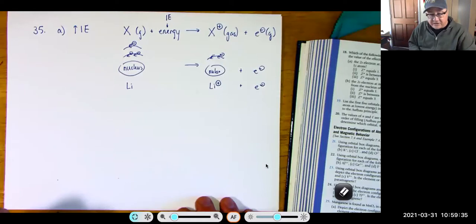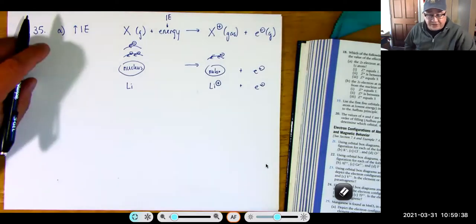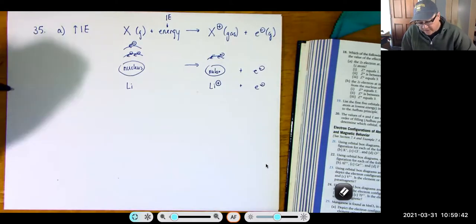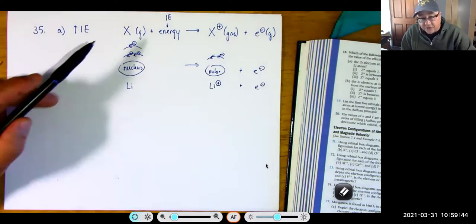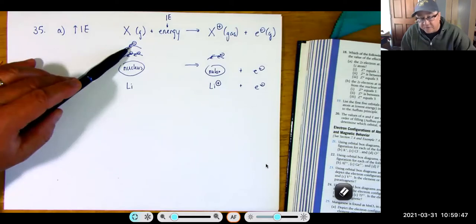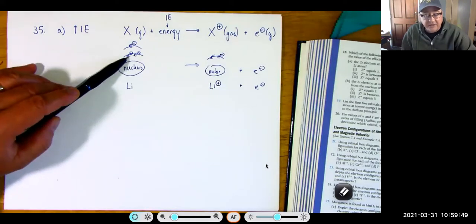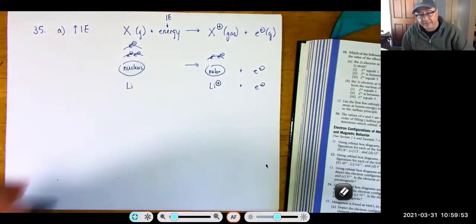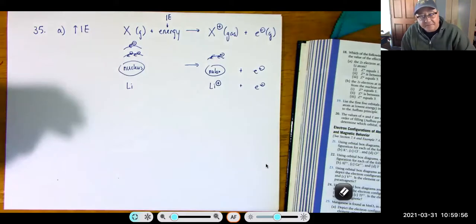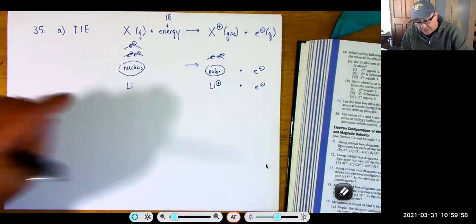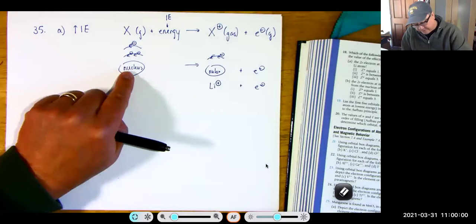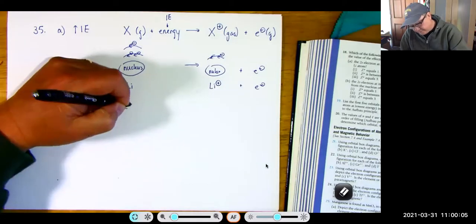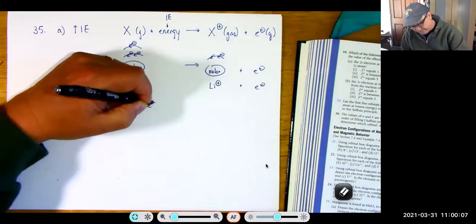And actually, there's more than one ionization energy. There's ionization energy 1, 2, 3, 4, 5. Because you could remove this electron here, then you could remove the second electron, then the third. Lithium has 3 ionization energies, and they get bigger and bigger and bigger. And the reason they get bigger is because when you take away an electron from an atom, the way you think about this is, that's the first one.